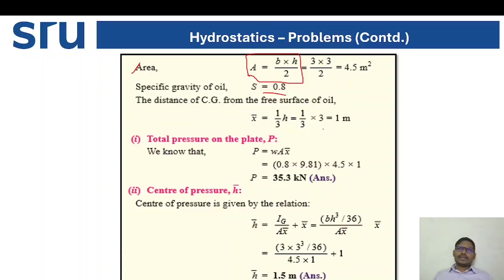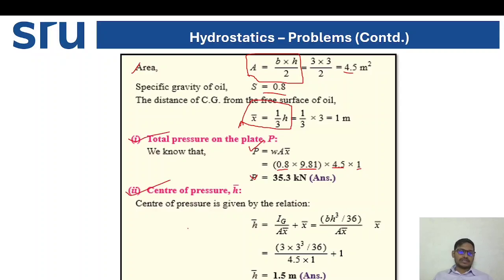That is equal to 0.8 into 9.81 into 4.5 into 1. 0.8 we know, 9.81 we know, and 4.5 area already we have calculated, and one is x bar that we got from here, that is the distance of the center of gravity from the free surface, and P is equal to 35.3 kilonewtons. For total pressure we have calculated.